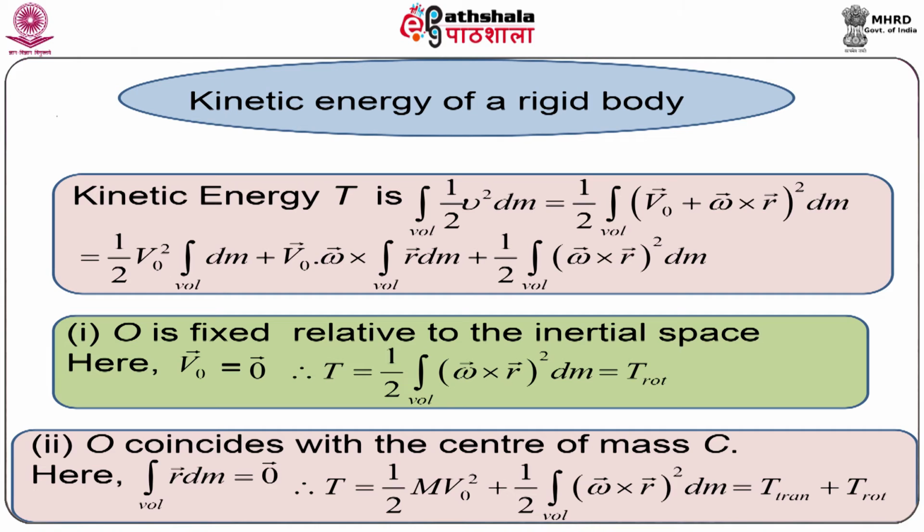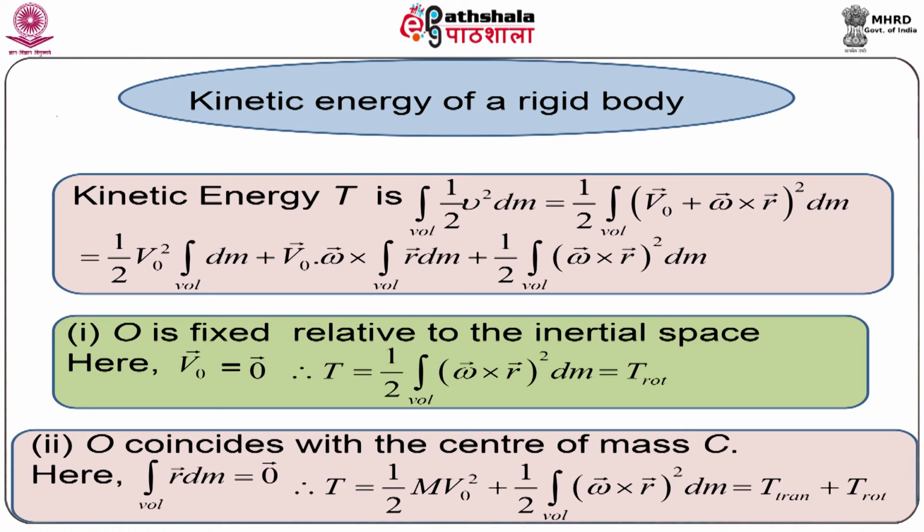From this square, we get three terms, which is capital VO vector, its square, square of omega vector cross r vector, and 2 into VO vector into omega vector cross r vector. Splitting these three terms, we have obtained this result.